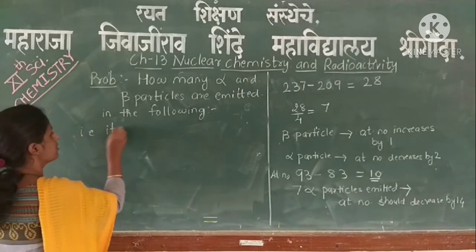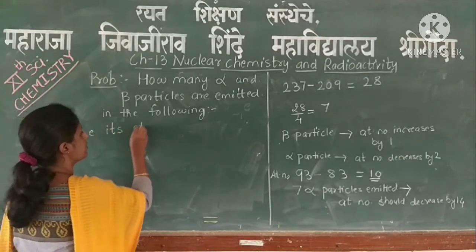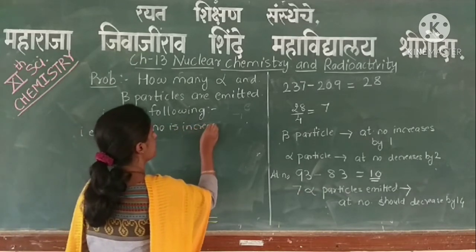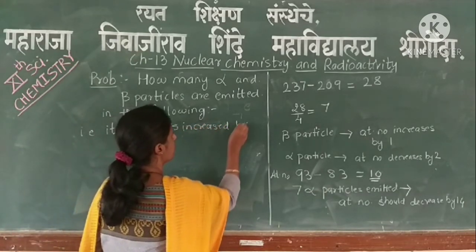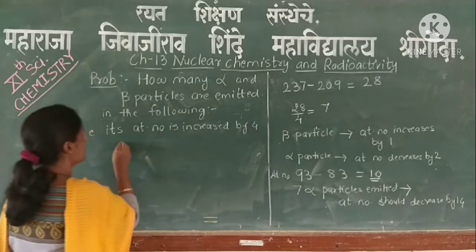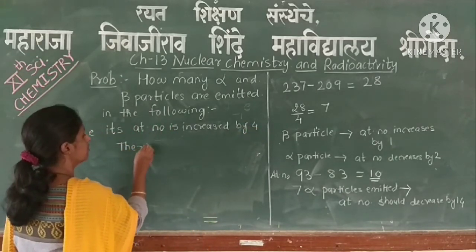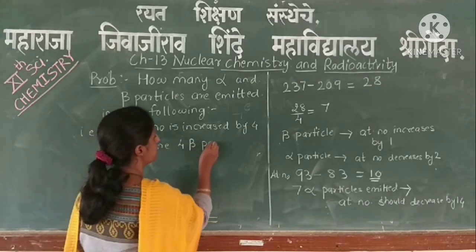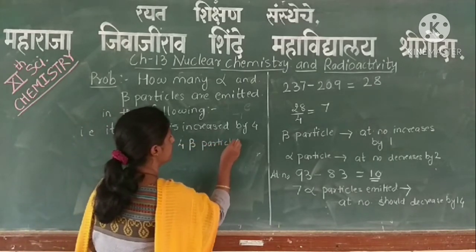That means its atomic number is increased by 4. That means there are 4 beta particles emitted.